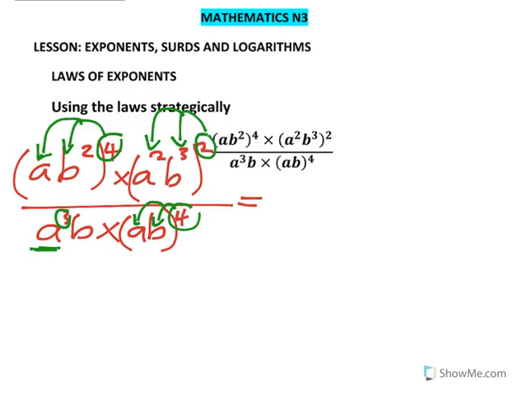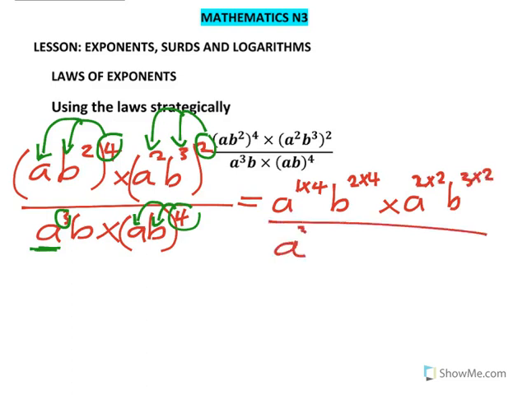If I can now go and solve this, what I'm having is a to the power 1 times 4, b to the power 2 times 4, and then times a to the power 2 times 2, b to the power 3 times 2, all over a to the power 3, b to the power 1, because if there is nothing, there is power 1, and then a to the power 1 times 4, b to the power 1 times 4.